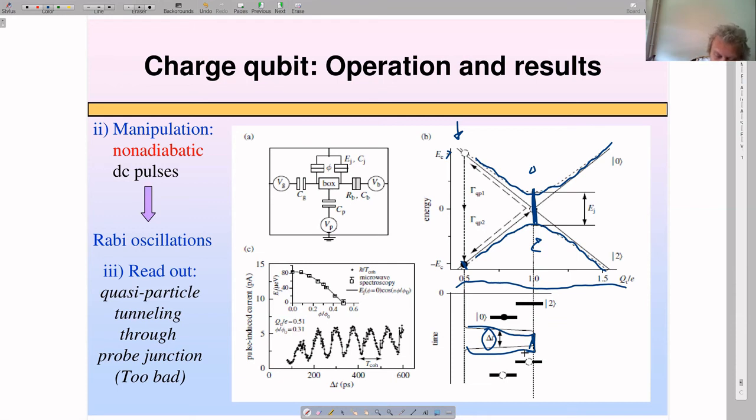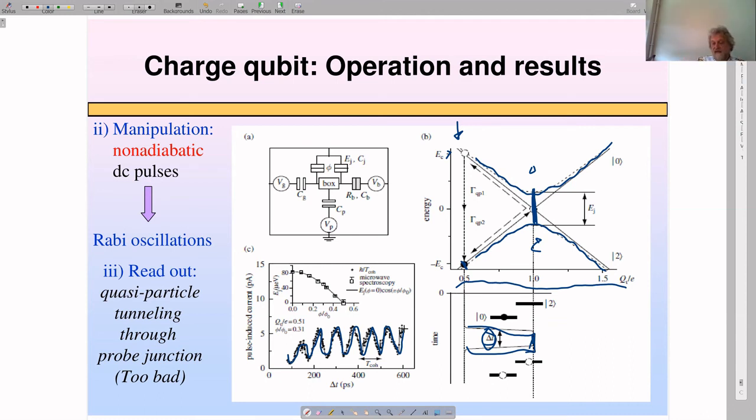Changing the duration of a pulse. In this way, one sees oscillations of the current as a function of time of the signal, versus pulse duration.